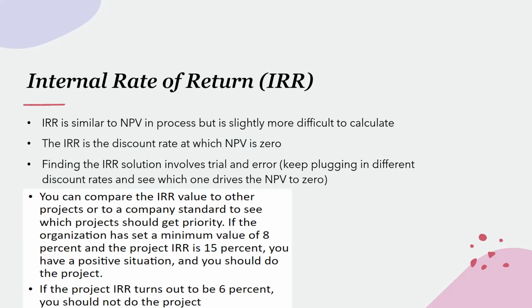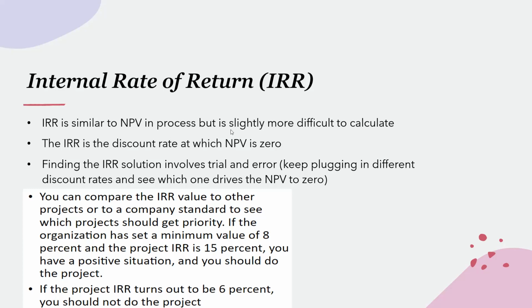Let's say the company has defined a minimum IRR of 8%, but the project itself has an internal rate of return of 15%, then of course it should be a viable project to be chosen. If the project IRR turns out to be 6%, you should not do that particular project.